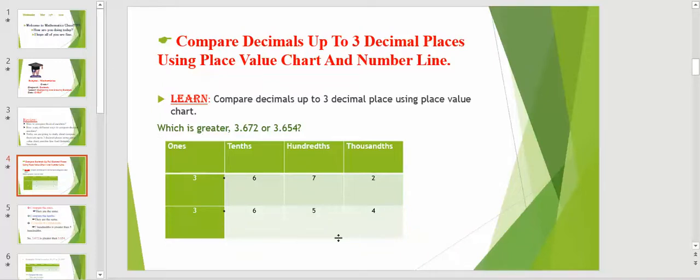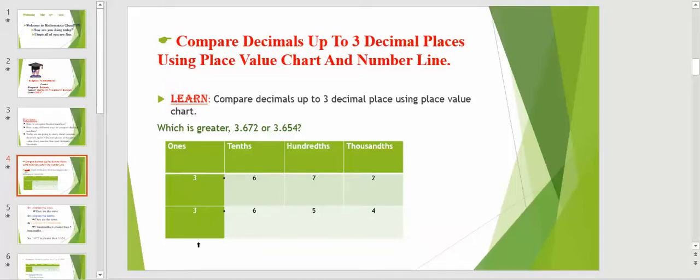So let me remind you again, how do we compare decimals? We compare from the greatest place first, then the smaller place, down to the smallest place. So let's go together. You compare 3 and 3 here, the same.